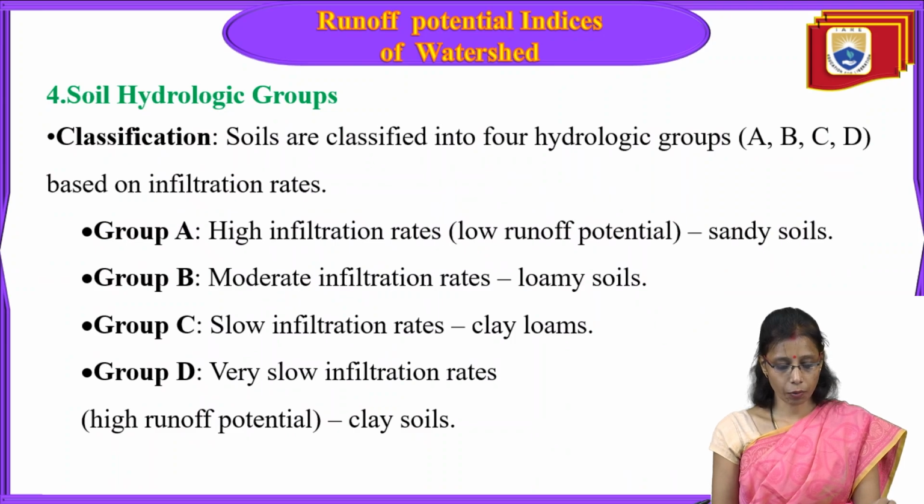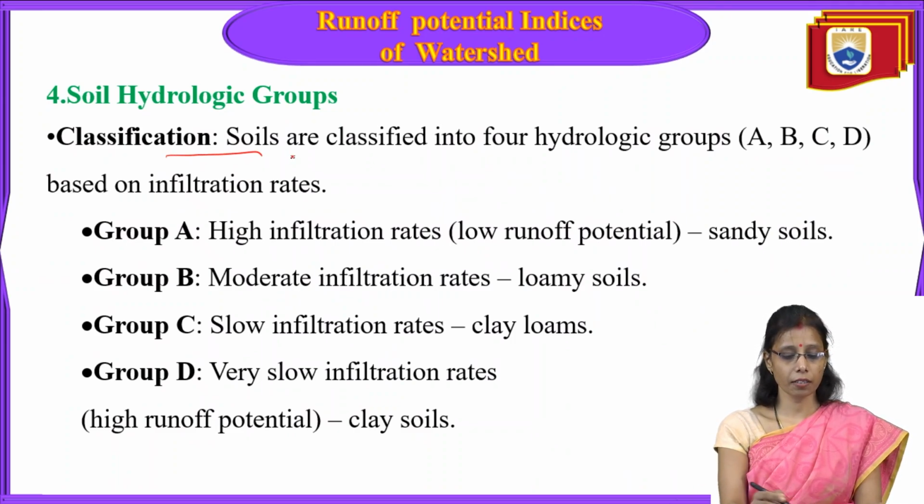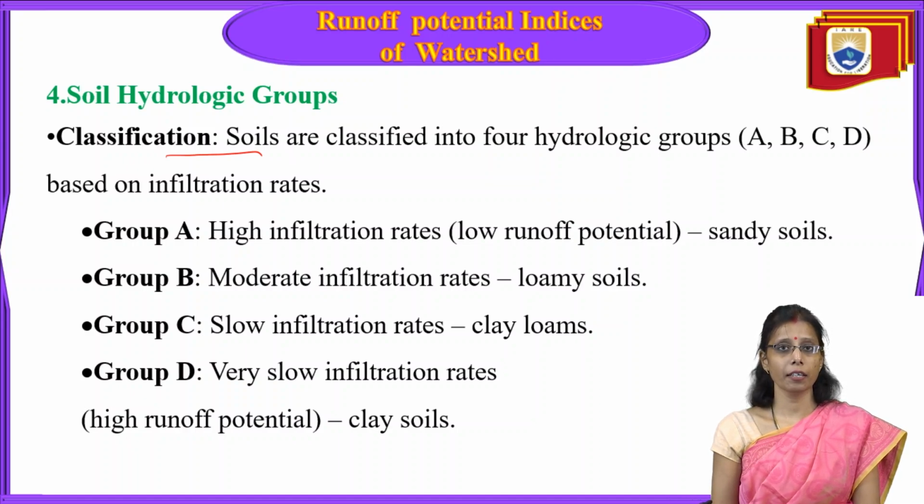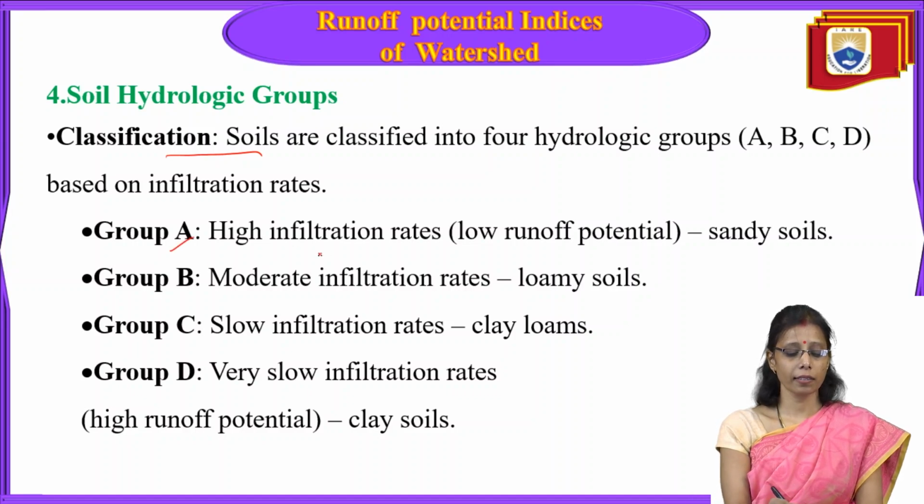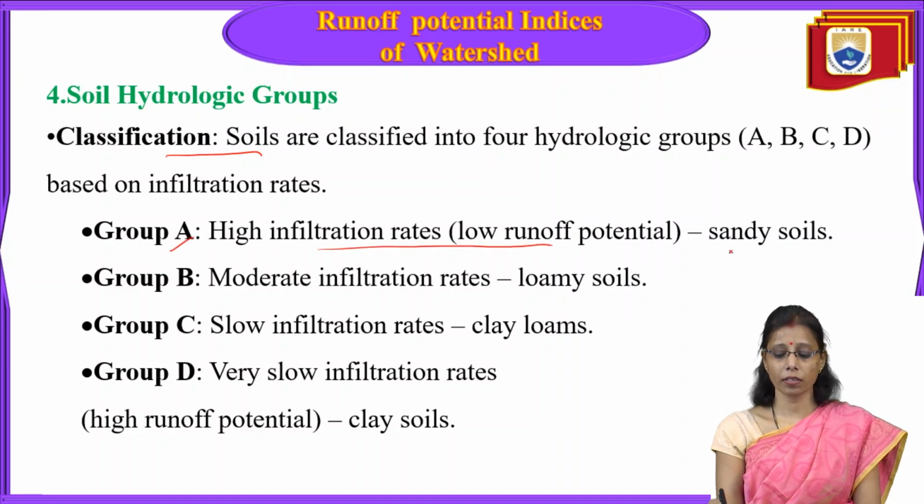Now if you talk about the soil hydrologic groups, soils are classified into 4 hydrologic groups, A, B, C, D, based on the infiltration rate. Group A has a high infiltration rate, sandy soil.